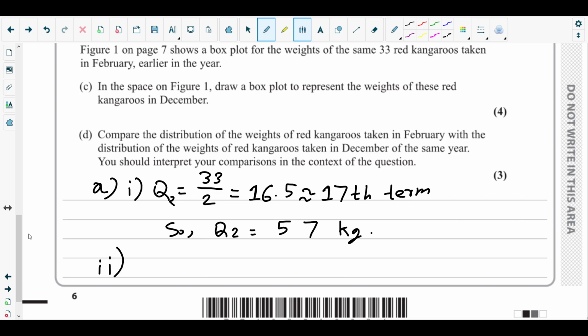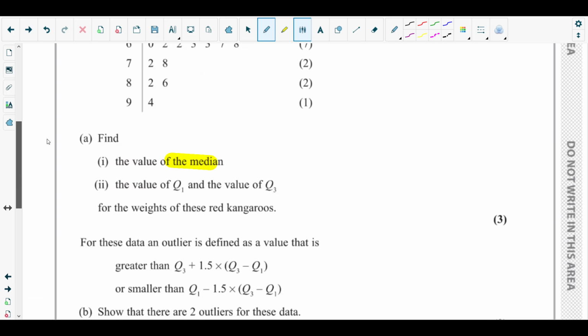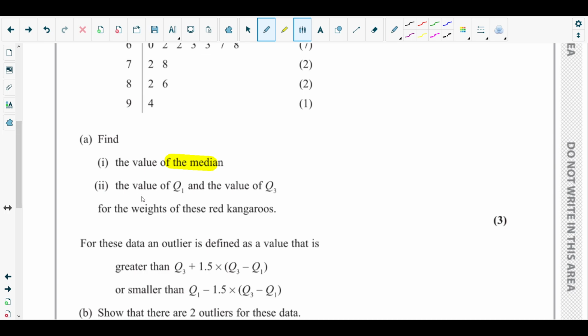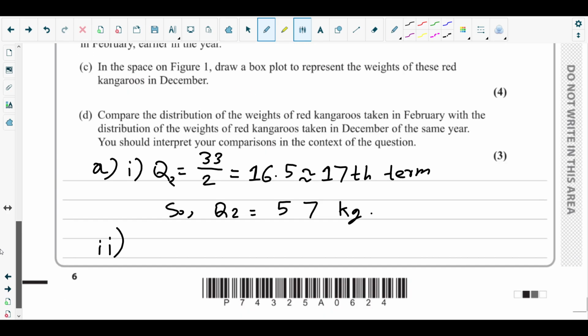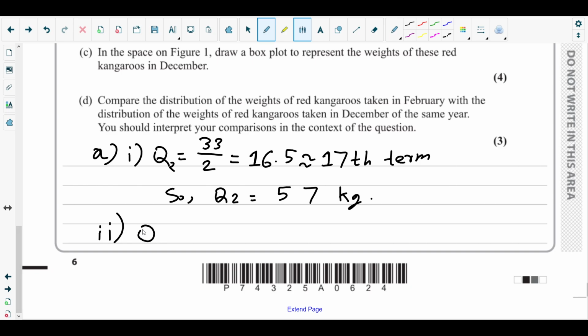Part 2, what they have asked for is the value of Q1 and the value of Q3. That means we need to find the lower quartile and the upper quartile. Same process for Q1. Q1 is the lower quartile, basically the data which lies at the 25th percent of the whole data.